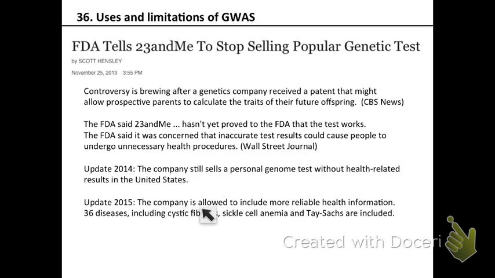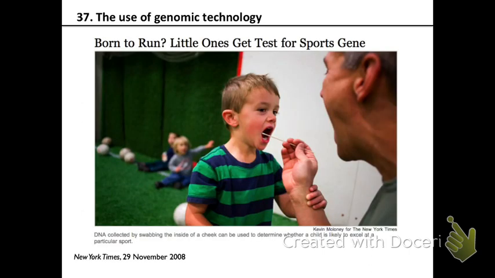So now it's allowed to include more reliable health information for about 36 diseases. So these include cystic fibrosis, sickle cell anemia, and Tay-Sachs, etc. Right? So if you get a 23andMe health panel, you should read their explanations of what each of these means. So this type of GWAS is really great to go after disease, etc.